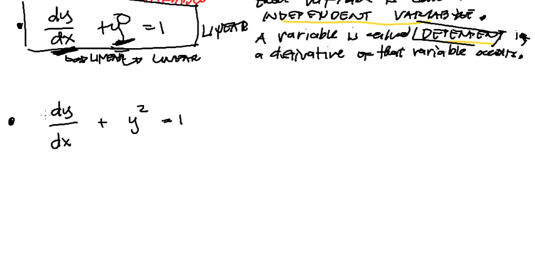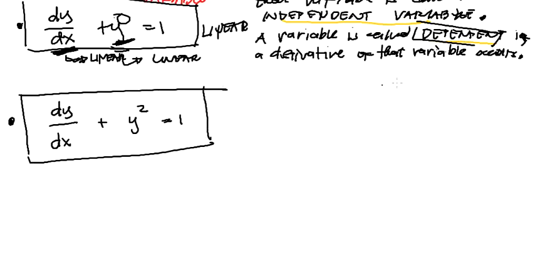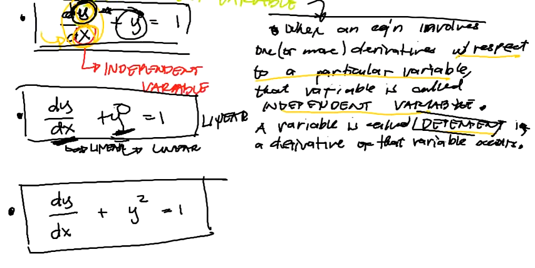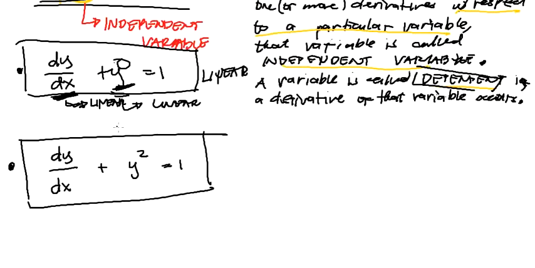Okay, so once again, we have here a differential equation, and our dependent variable here is, once again, a variable is called dependent if a derivative of the variable occurs. So the derivative of the variable y occurs, so this variable y here is called dependent.